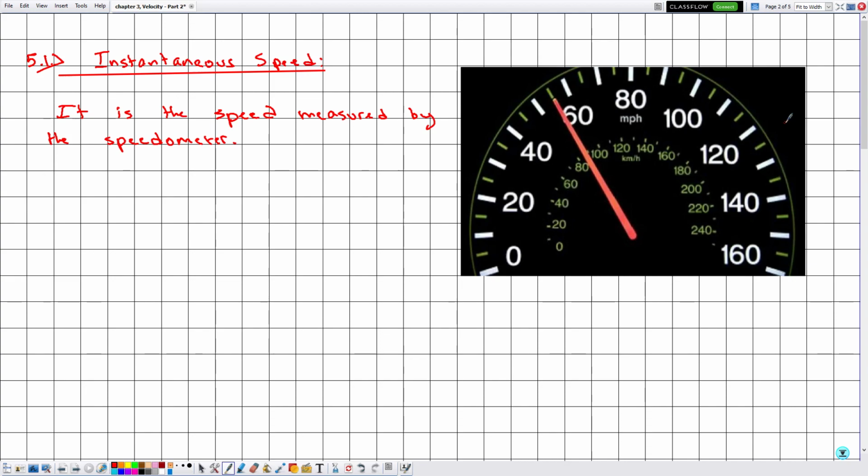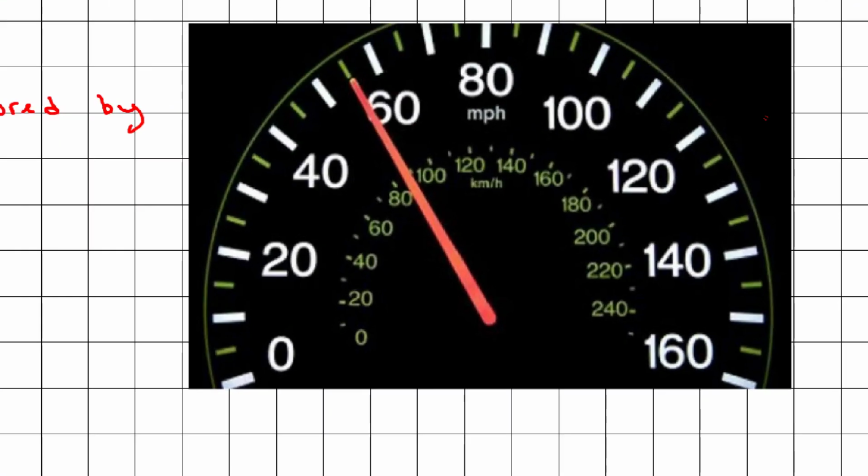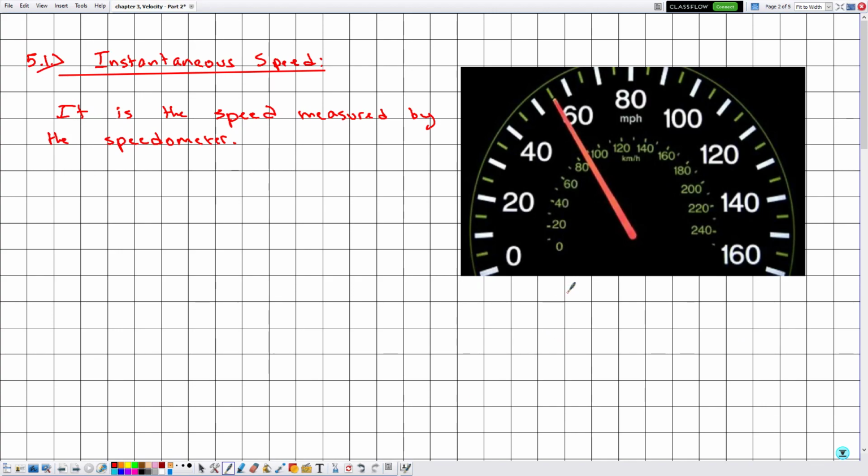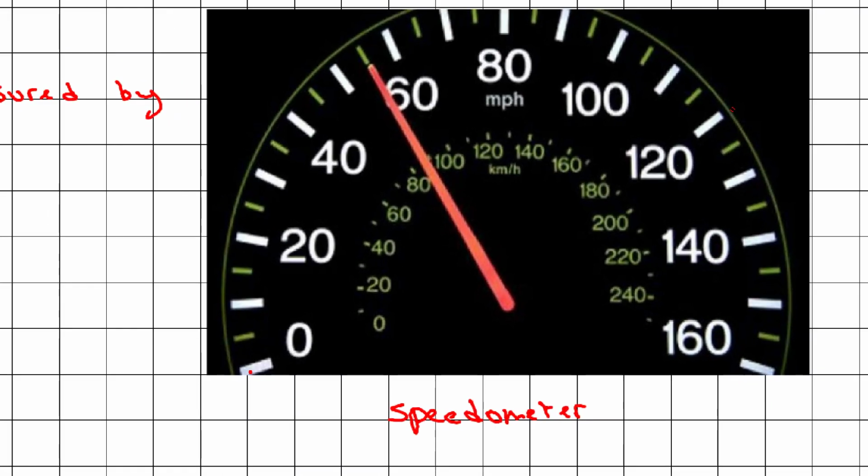Consider the following adjacent document. This instrument is known as the speedometer. It is usually installed in different vehicles like cars, motorcycles, and even on bikes. It indicates or measures the speed at a given instant.